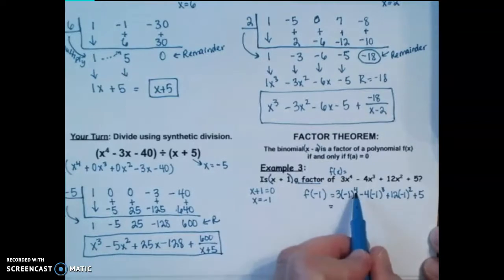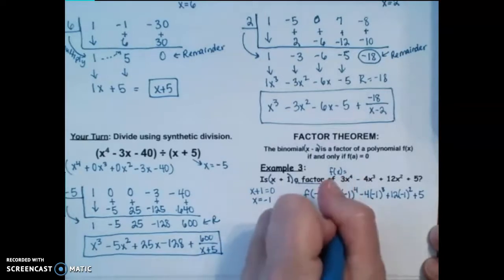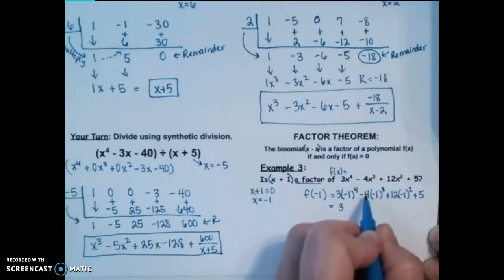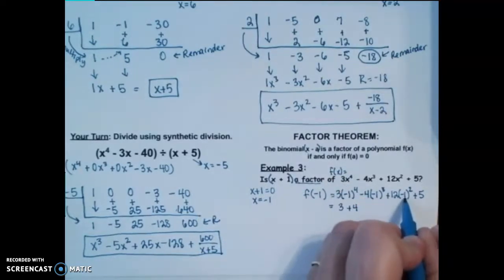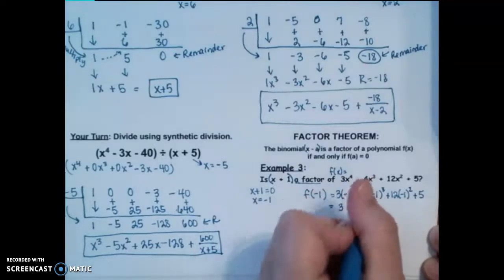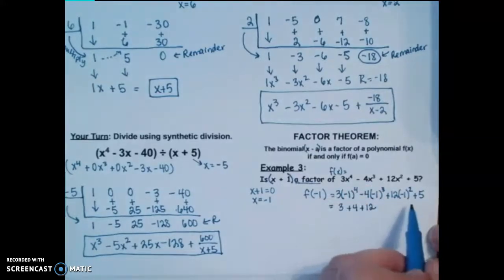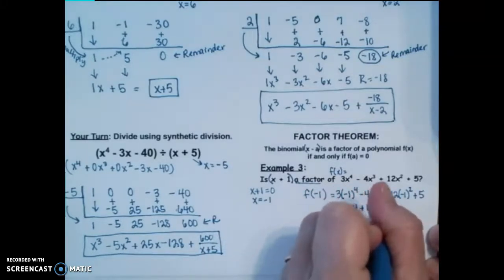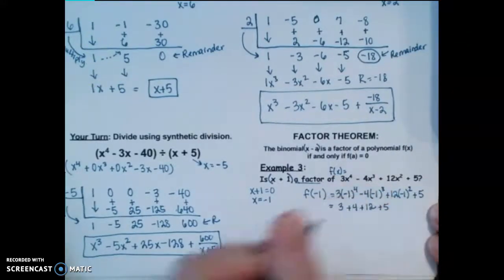Any negative number to an even power is going to be positive. So 3 times positive 1 would give us 3. A negative number to an odd power is negative. So negative 1 to the 3rd is negative 1, times negative 4 is positive 4. Negative 1 squared is positive 1, so that's plus 12. And then plus 5 at the end.